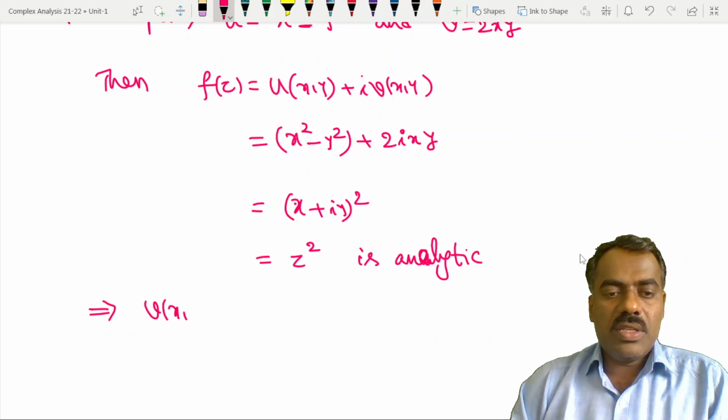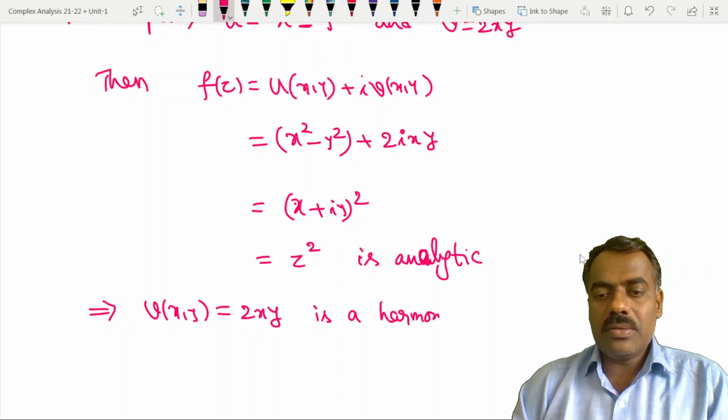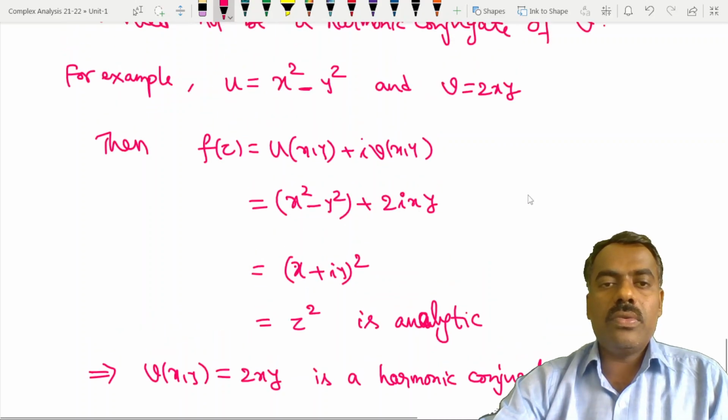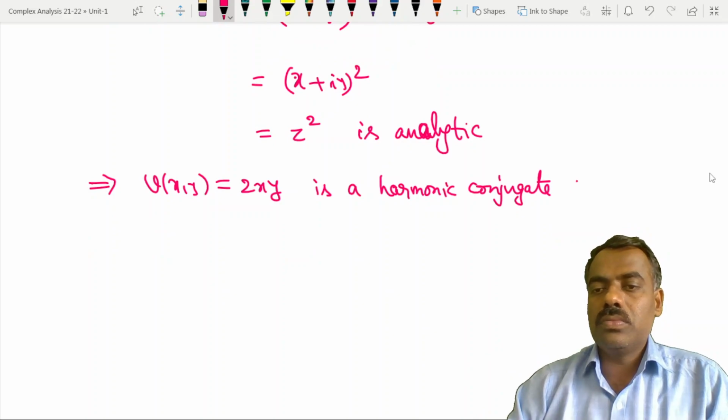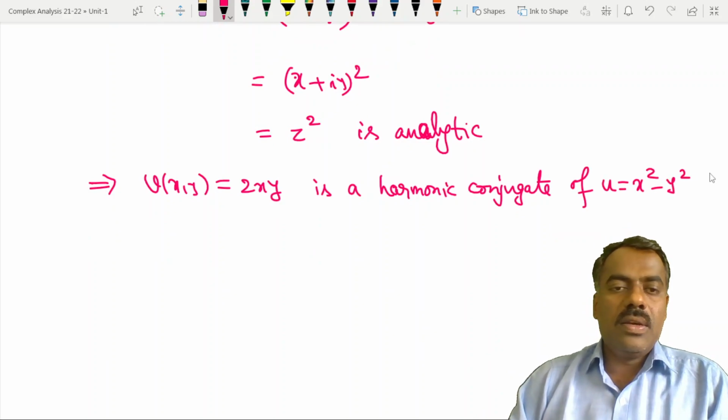This implies V(x,y), which is 2xy, is a harmonic conjugate of this U, which is x² − y².